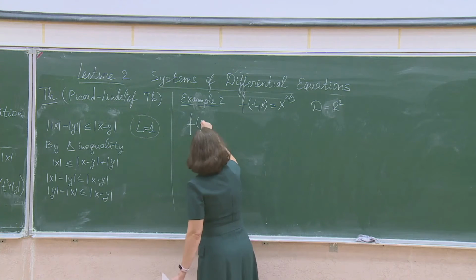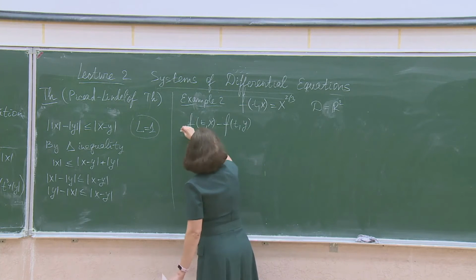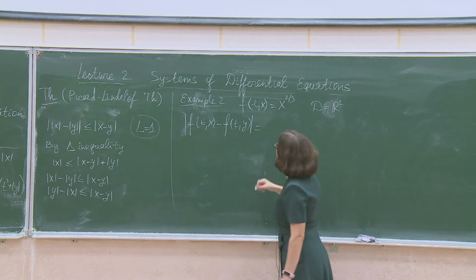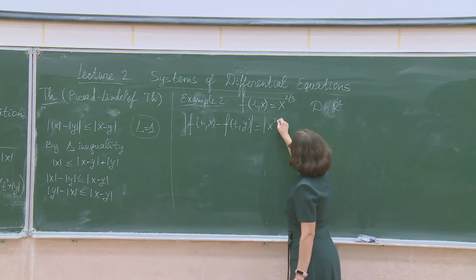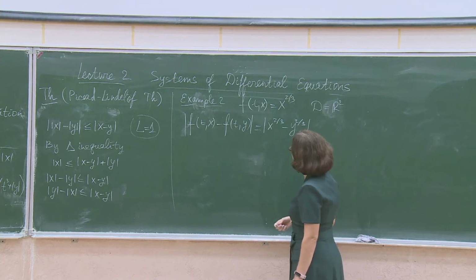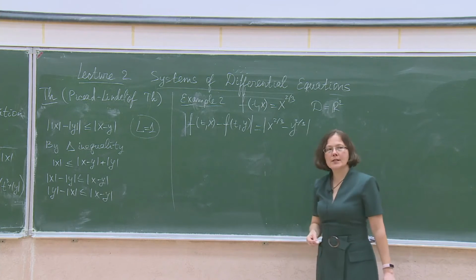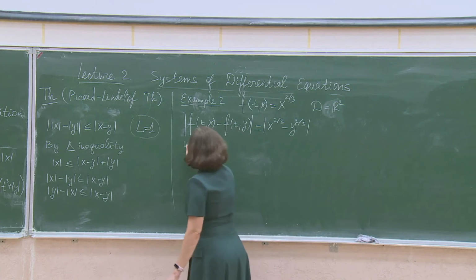We need to consider the difference for any two points x and y, and the absolute value is equal to x to the power 2/3 minus y to the power 2/3. I want to prove that f is not Lipschitz, and I will consider y to be equal to 0.